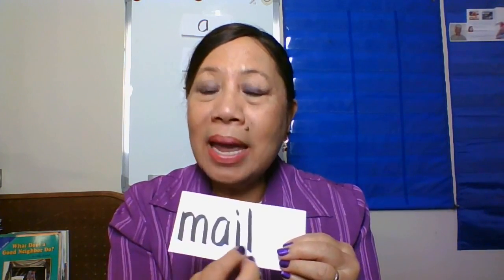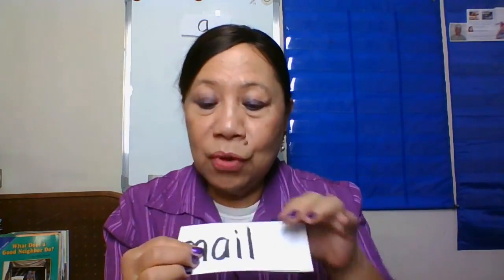All right, next word is mail. M-A-I-L. Remember, A says its name, A, and the I is silent. Let's sound it out. M-A-L. Mail. Remember, if you have two vowels in a word, that word has a long vowel sound.